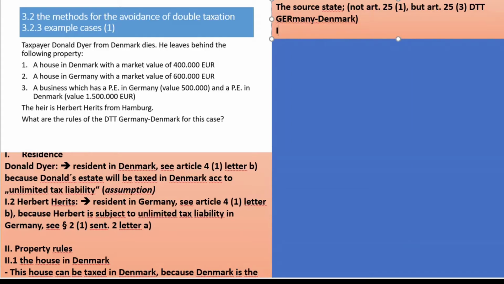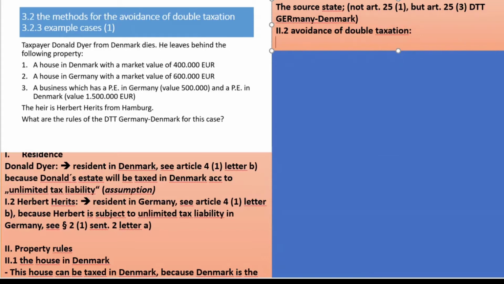Yeah, so now we have to talk about the avoidance of double taxation. Well, the first thing would be Denmark, as the state of residence of the deceased, would get a right to credit, an obligation to credit and then tax first.